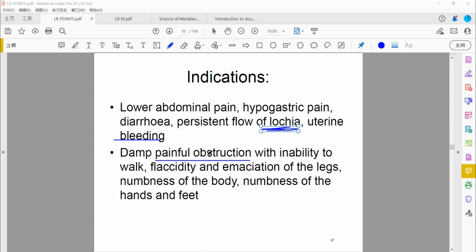Arthritis, in TCM, is an example of a painful obstruction disorder. In Chinese, we call it Bi syndrome, right?